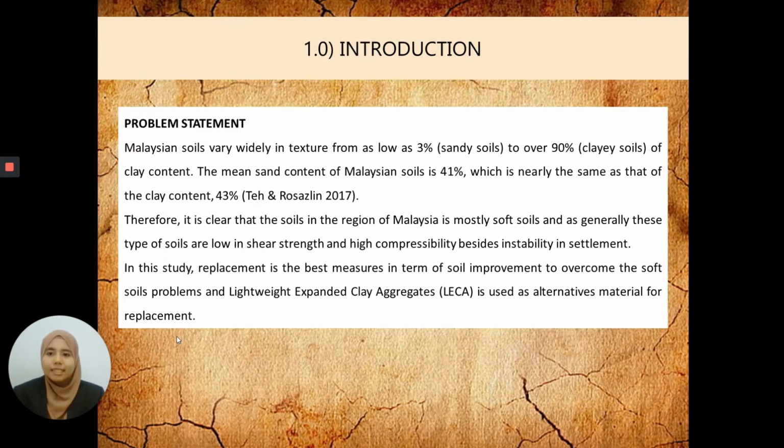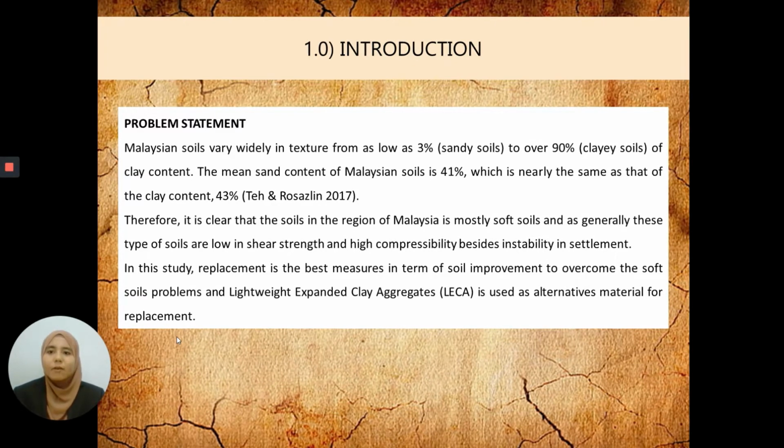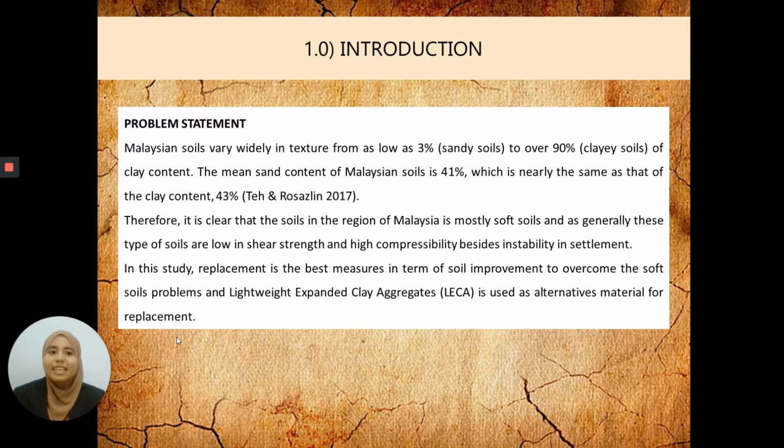Based on the research made by Teh and Rosali 2017, Malaysian soils vary widely in texture from as low as 3% sandy soils to over 90% clayey soils of clay content.